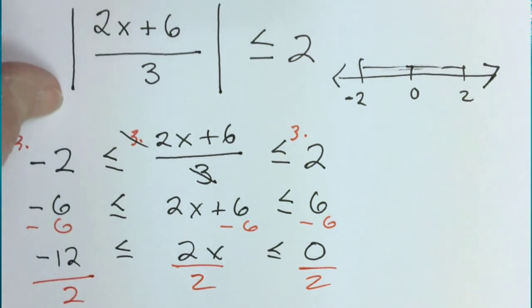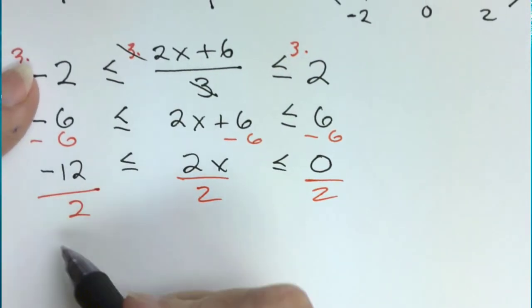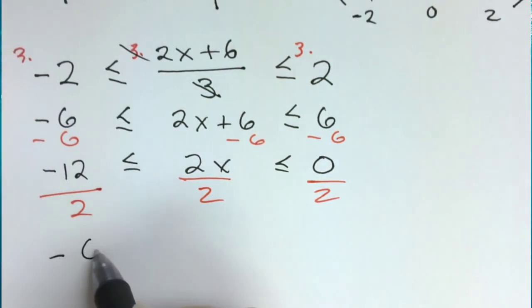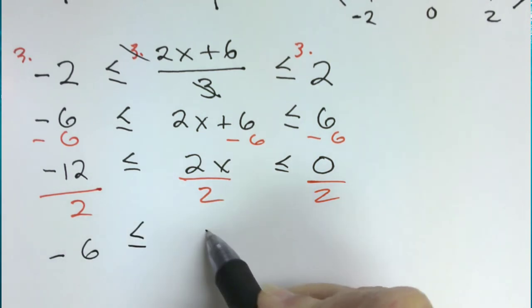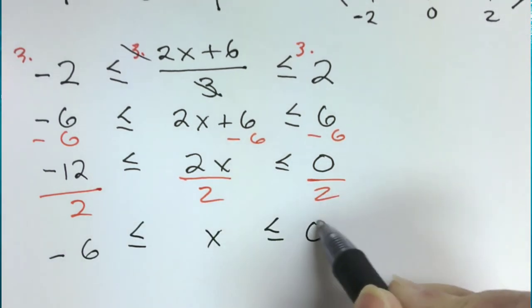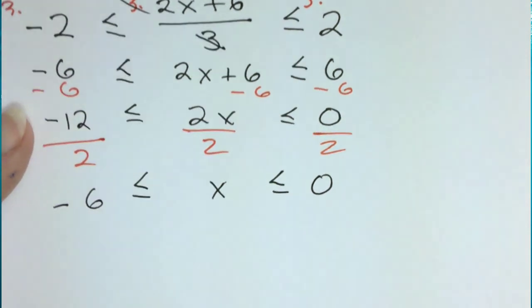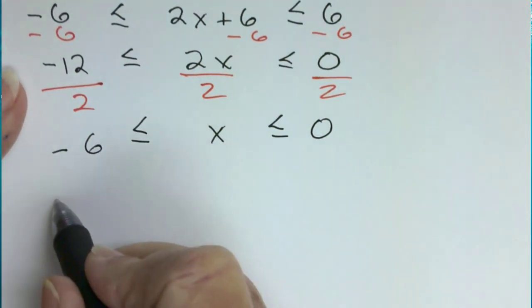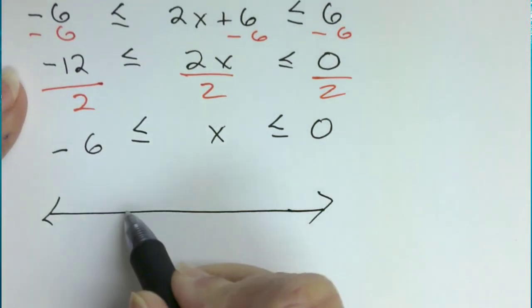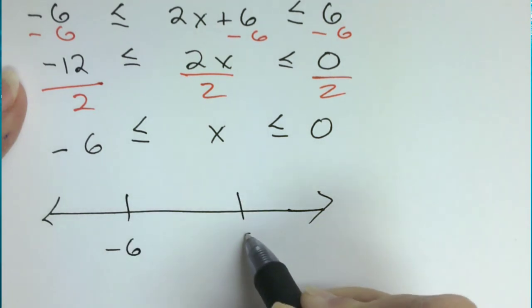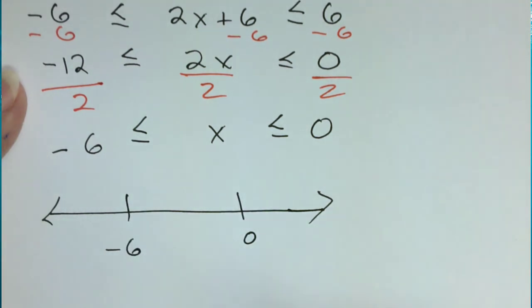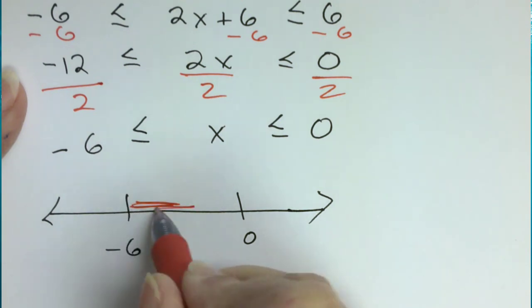So to finish solving, it is -6 is less than or equal to x, which is less than or equal to 0. We'll do a number line graph. Show the -6, show the 0. X is in between those.